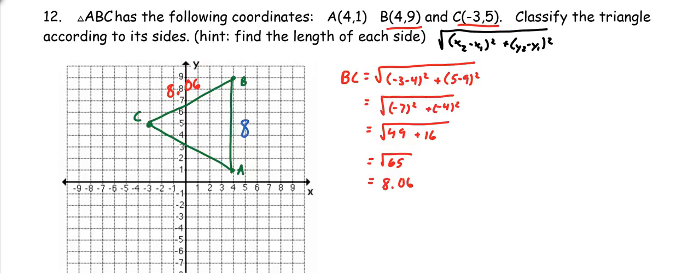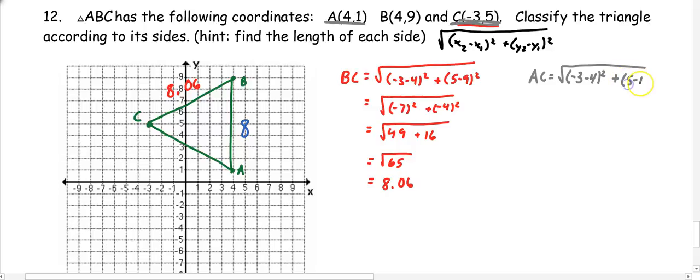And then I'm going to find my distance of AC. To find the distance of AC, I use my distance formula again. I have point A and point C. So I have -3 minus 4 squared plus 5 minus 1 squared. So we get -7 squared plus 4 squared, which is 49 plus 16, which we should be noticing now is the same thing we had for BC.